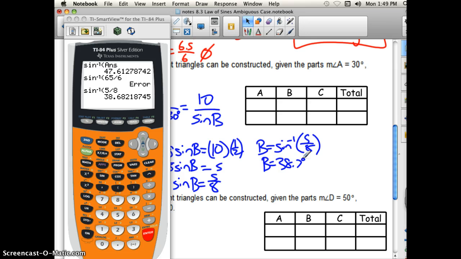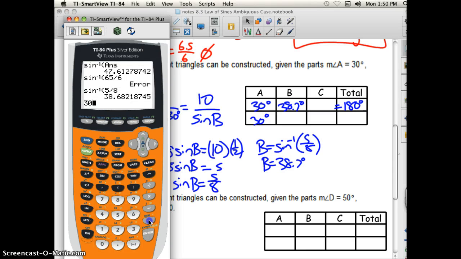All right, so now we can start using this table. Angle A is going to be 30 degrees no matter what. In my first triangle, I found B to be 38.7. Now, since the sum of all the angles in a triangle has to equal 180, is that possible? What kind of value would I get for C?